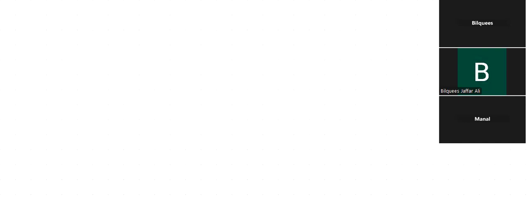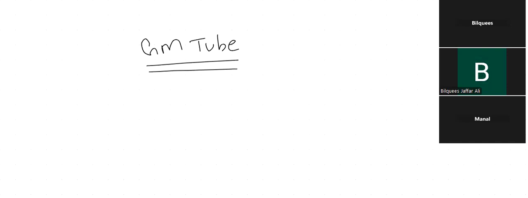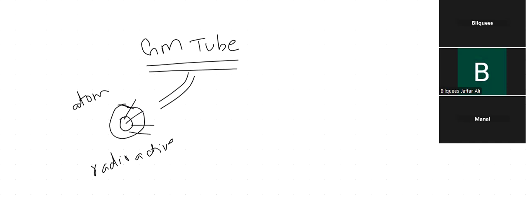So basically, we are using the GM tube in order to find out the half-life. Now, how will I find out the half-life of a substance that contains an unstable nucleus emitting radiations, or I can say an active source? Is that clear?